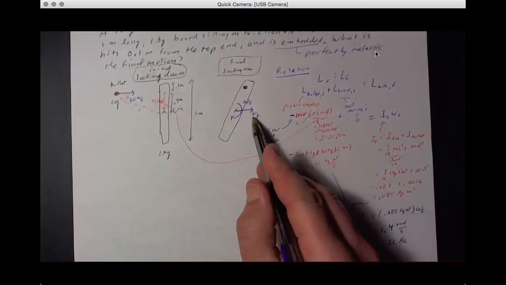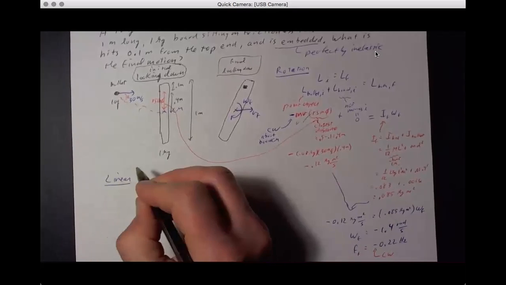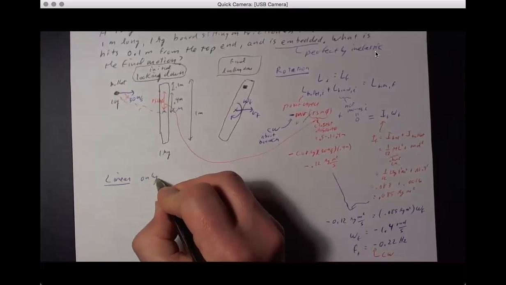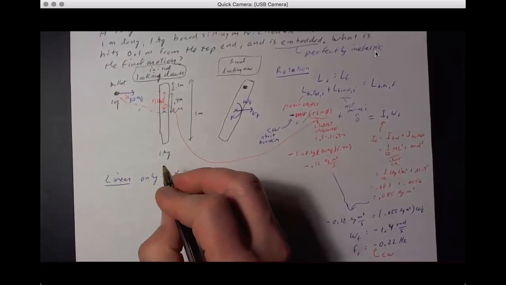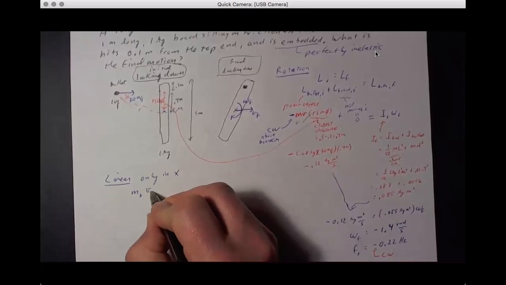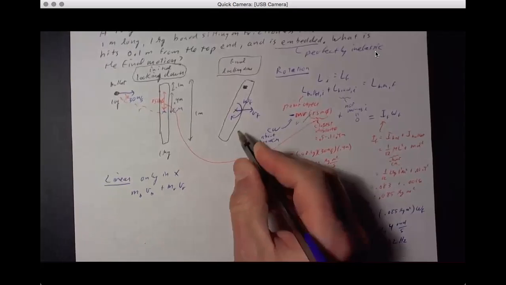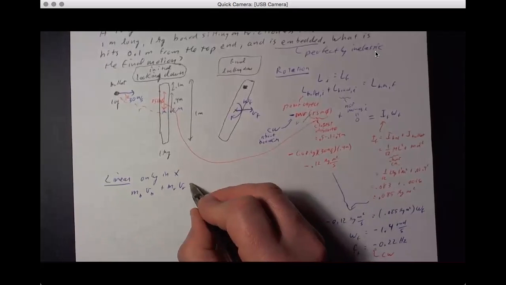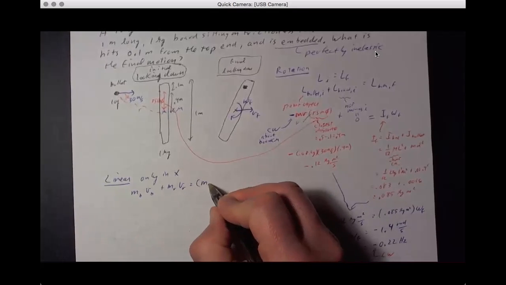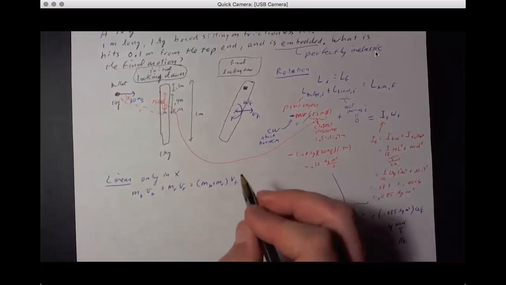Now let's get this linear velocity here. First, it's only in x, and we have the mass of the bullet, velocity of the bullet, plus the mass of the rod, velocity of the rod, which is the board, is equal to, they're tied together, so we add their masses, times v final.